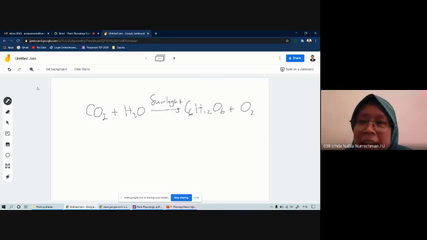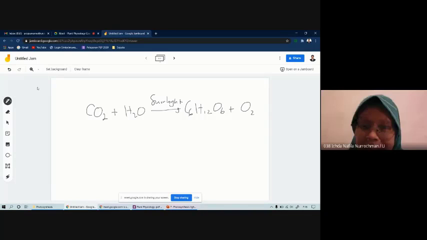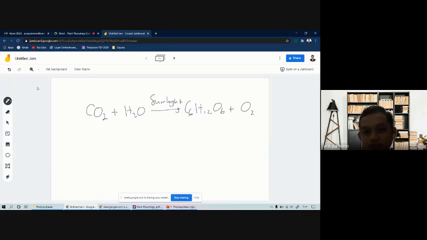In that formula, we can know that in photosynthesis, we need carbon dioxide and water, and then with the sunlight, they become glucose and oxygen, producing carbohydrate and also oxygen.